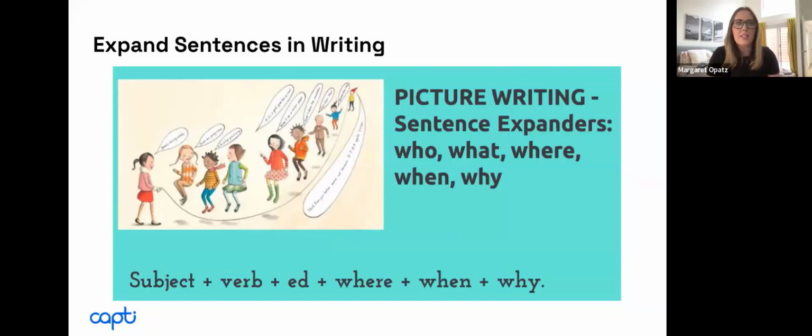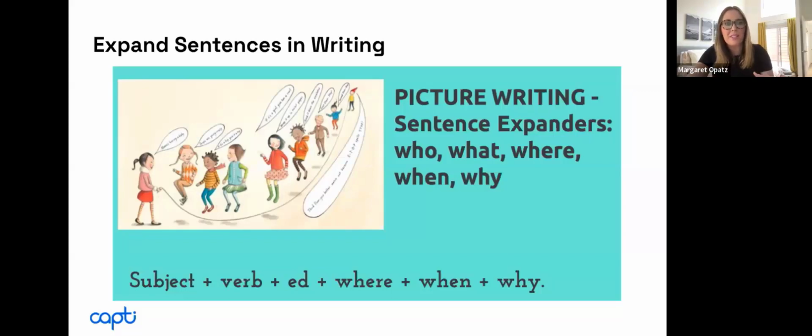You can start to ask them to give you more context. So various sentence expanders are who, what, where, when, and why. The who is typically in a sentence, so that one isn't necessarily an expander that students need a lot of help with. But really, it's that where, when, and why that students need more support with when they're expanding a sentence.